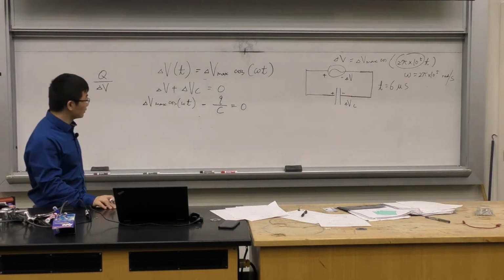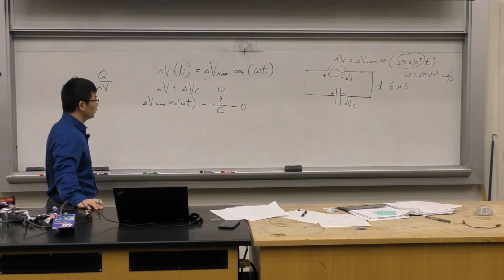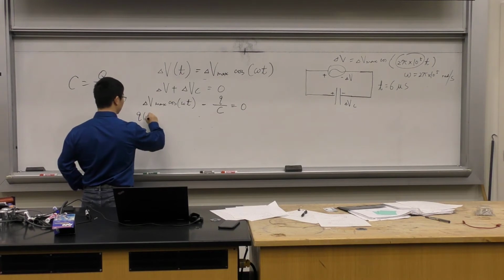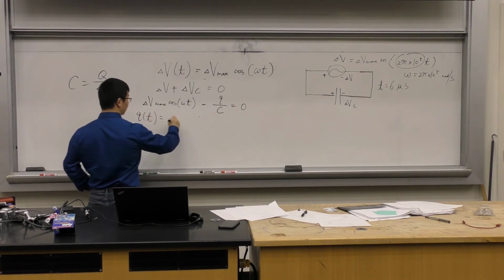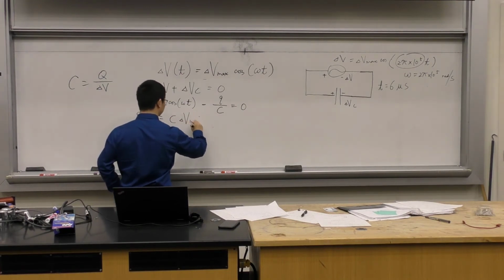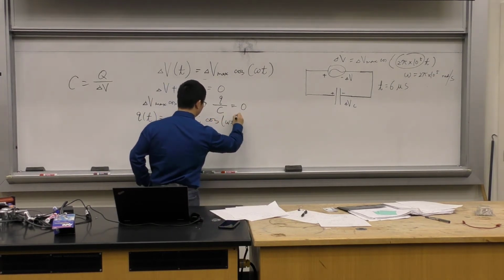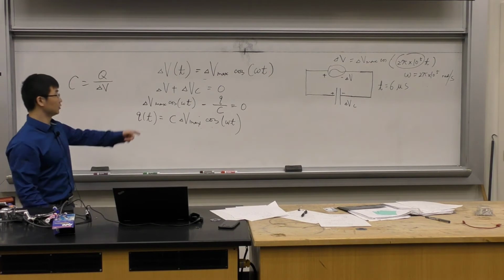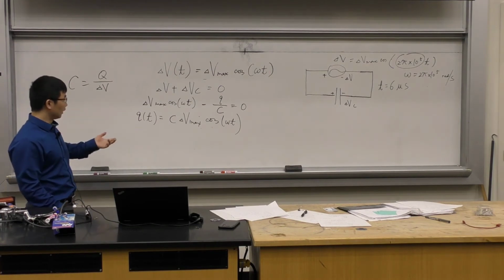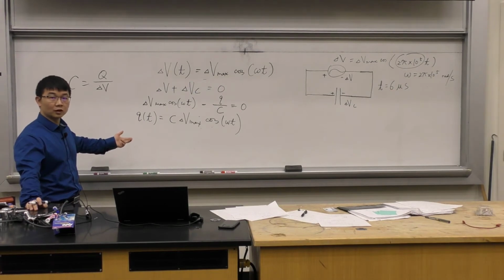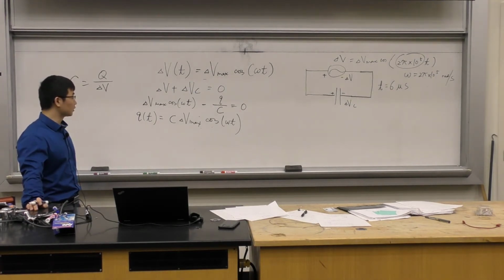And then in this case, you don't even need to integrate anything, right? You just rewrite this equation, and you will find the expression for charge, which is going to be C Vmax cosine omega t, right? But then wait, we don't want to find an expression for Q. We want to find an expression for current.